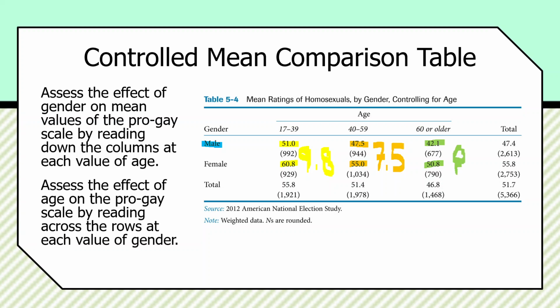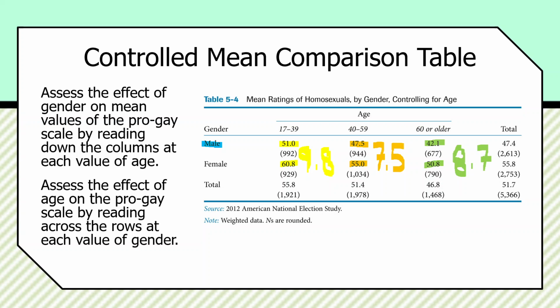So going back and asking the question, are these controlled effects about the same? I would suggest that they are. 9.8 among the youngest cohort, not quite as much in the middle, 7.5, but then 8.7. So one would argue that the effect of gender on feeling thermometer ratings of gays is about 8 or 9, and you're not distorting reality to summarize it into one partial effect.